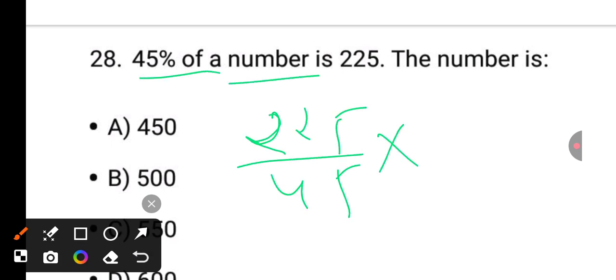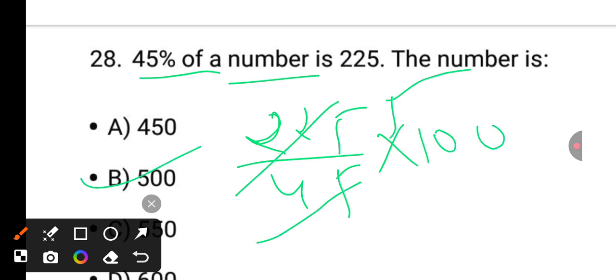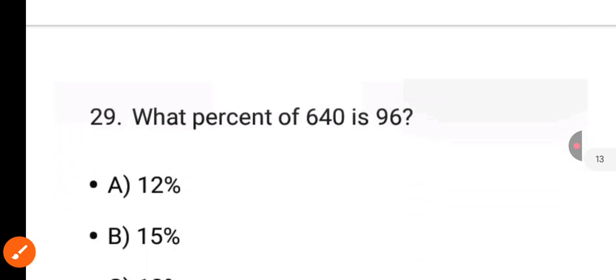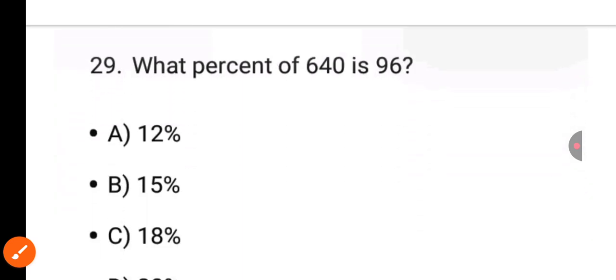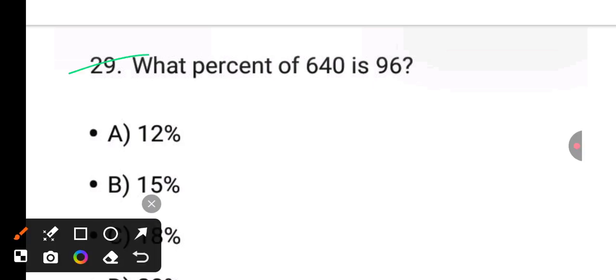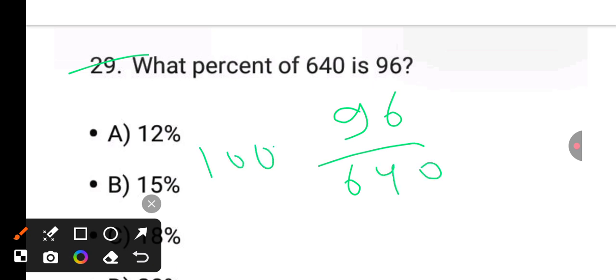We want the number, which is always 100%. Again it is 5 times. 500 is the answer. Next one, it is 96 divided by 640 into 100. Okay, this is the answer.